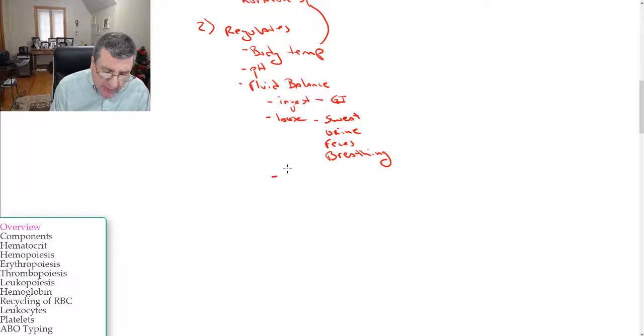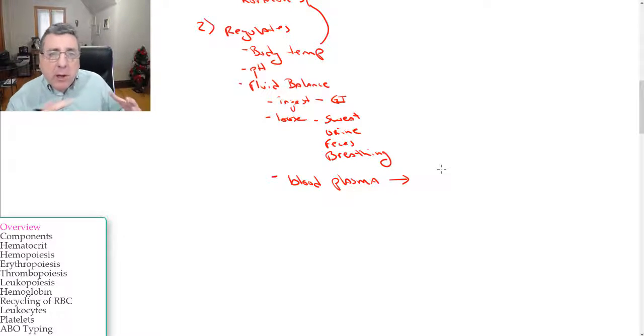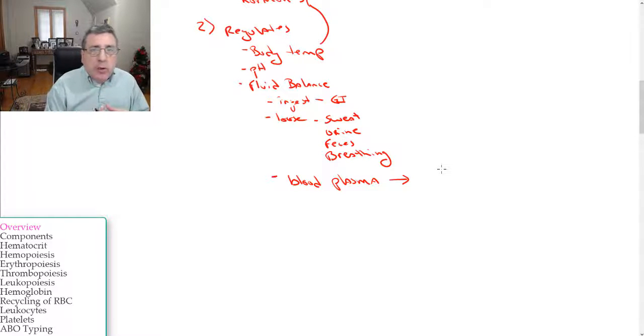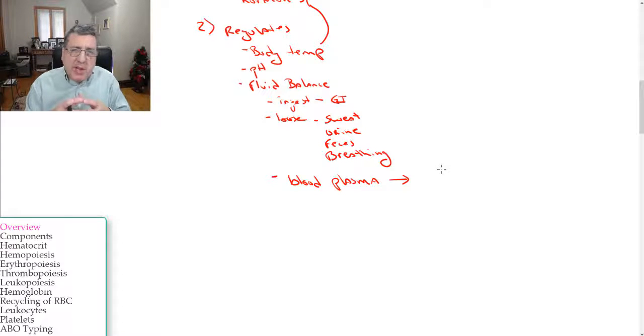It maintains fluid balance by exchanging it from plasma, so blood plasma, and it transports it out of the blood vessels into the interstitial space. That's the space between the cells.